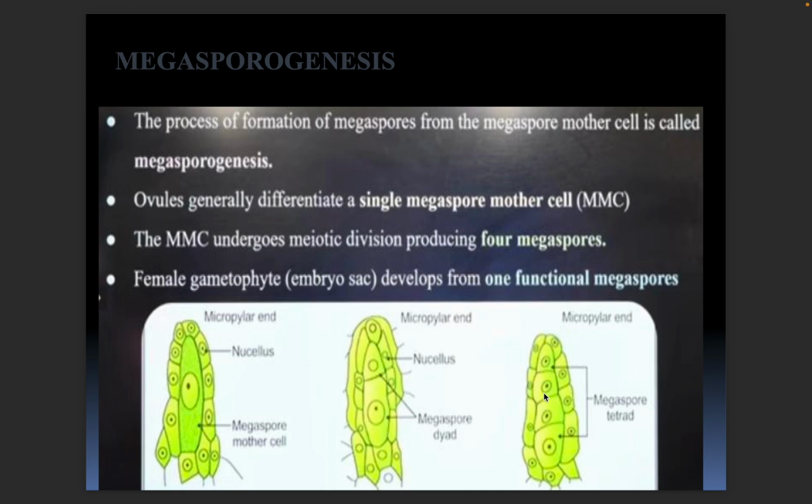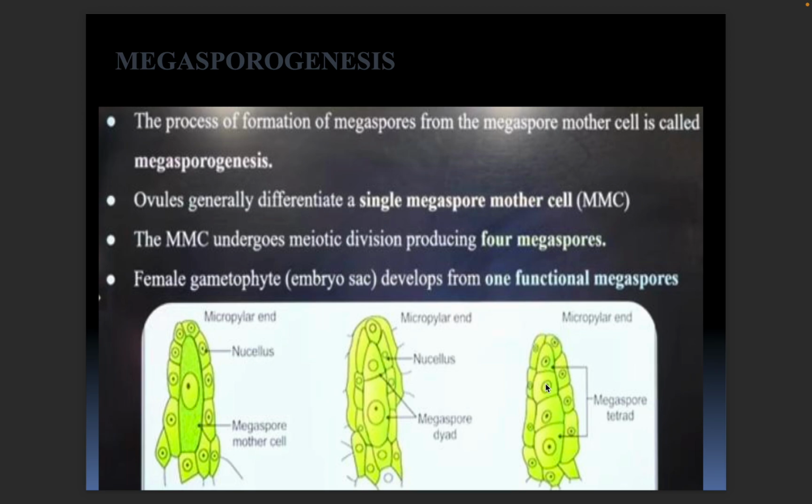Now similarly we have seen the microspore tetrad in microsporogenesis, right? And in that microspore tetrad, I told you very clearly that every single microspore has the potential to develop into a pollen grain. But here not every single megaspore has the potential to develop into an embryo sac.